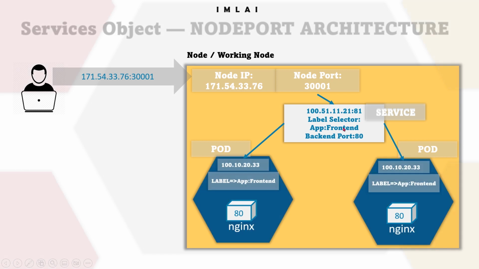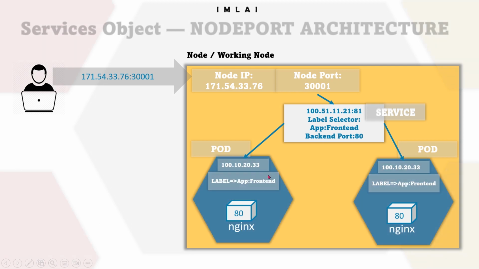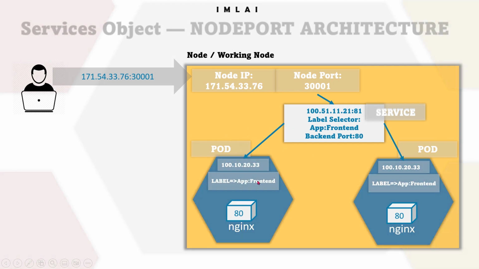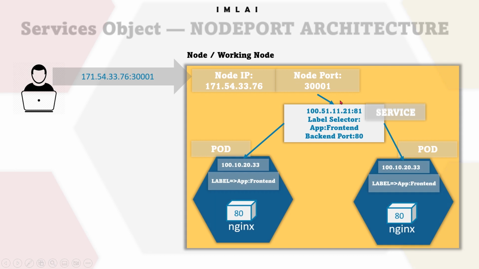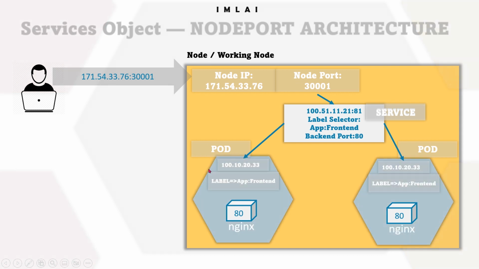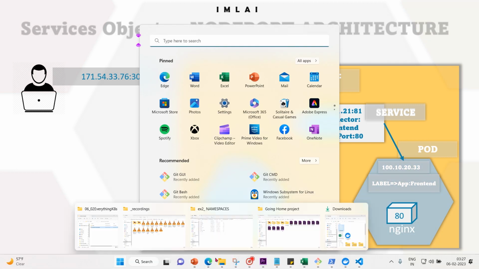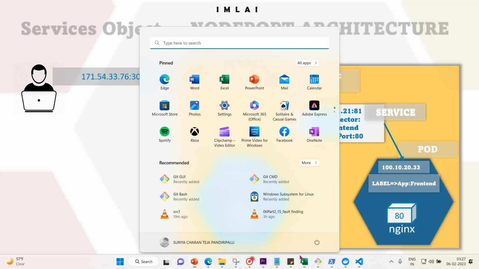Inside the definition file we mention which pod to be targeted and which port, and then the pod's port, both will be mapped. Once it is mapped, we will access the node with the port, and the node port will be mapped with the pod, and the pod will be mapped with the nginx. That's how the flow goes, and that's how we are able to access our application that you see on the screen here.